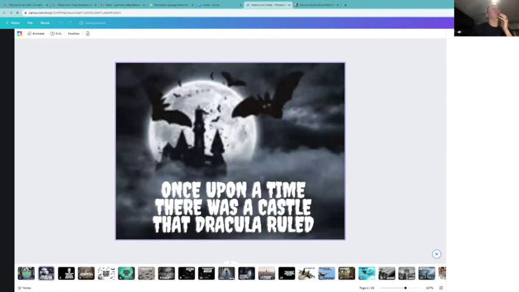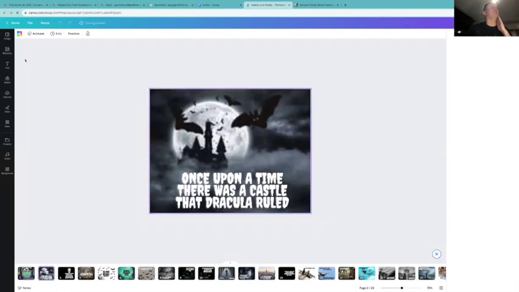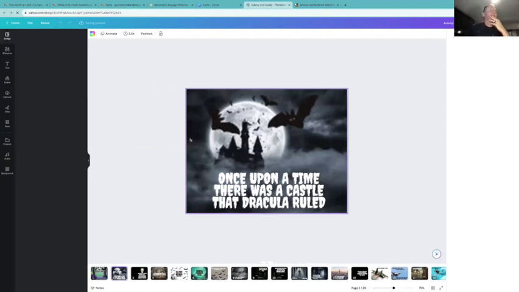I'm not sure why it won't show you stuff on the left here. Normally on the left-hand side of your screen, you have, oh, there we go, all the design elements that you could bring into this if you wanted to.